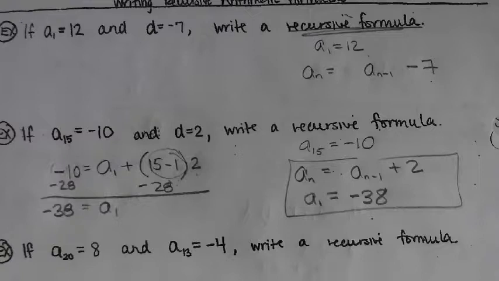Okay? Maggie. If it was on a Regents and it was multiple choice, I would almost guarantee that the multiple choice options would have the first term. So you should be able to find the first term. Okay?